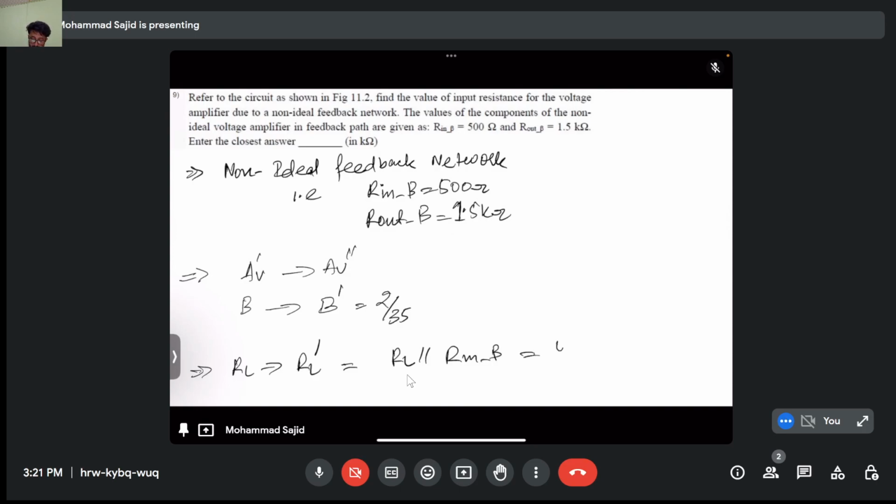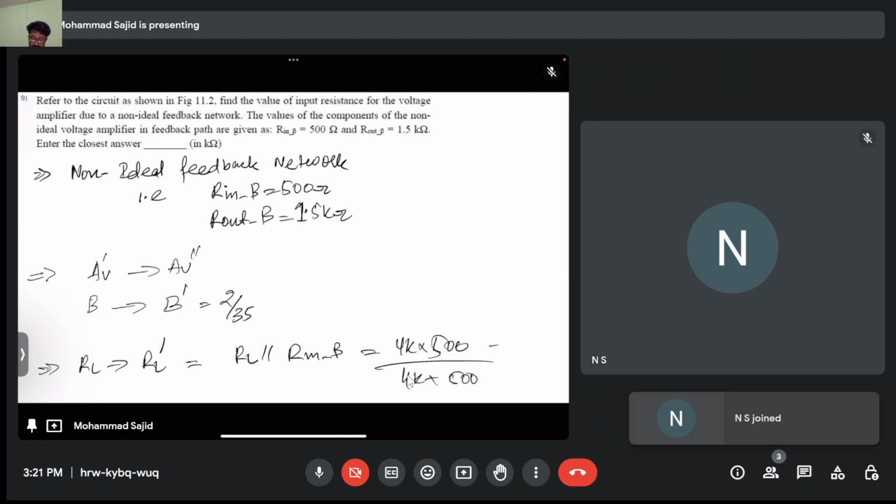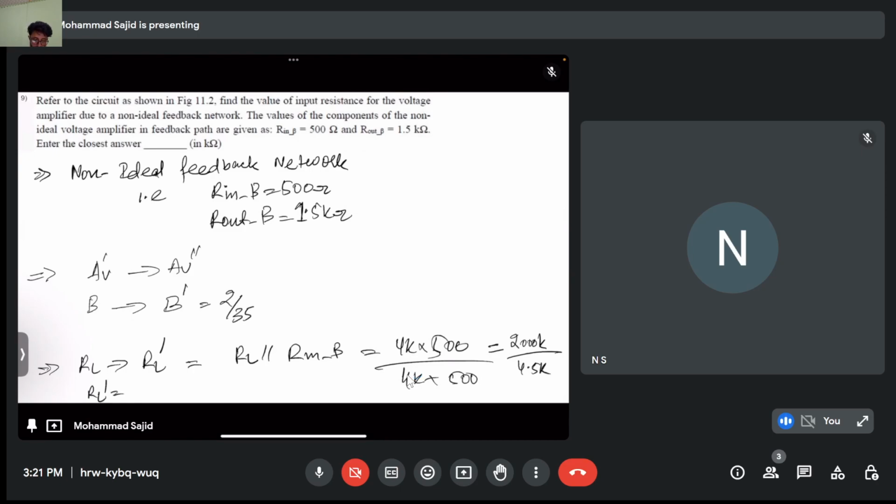So that will be 4K into 500 divided by 4K plus 500, and this will be equivalent to 2000K divided by 4.5K. So your RL dash will be equivalent to 4.4, right?